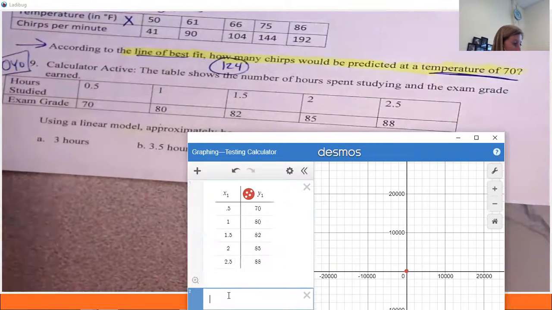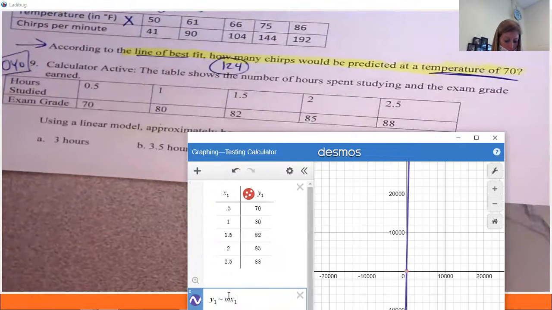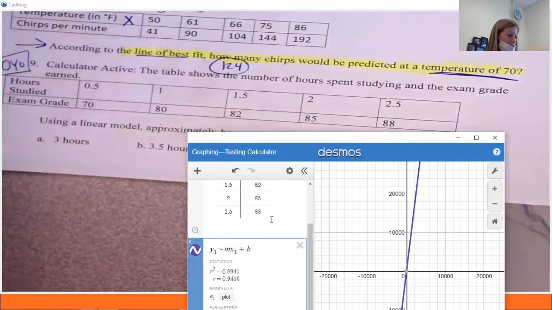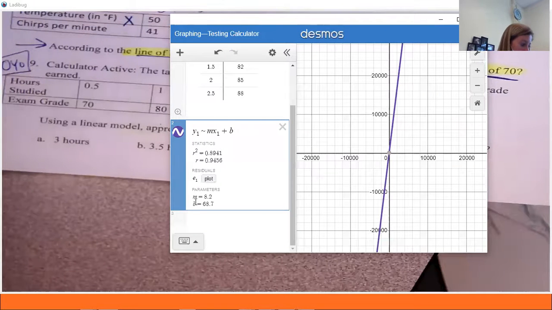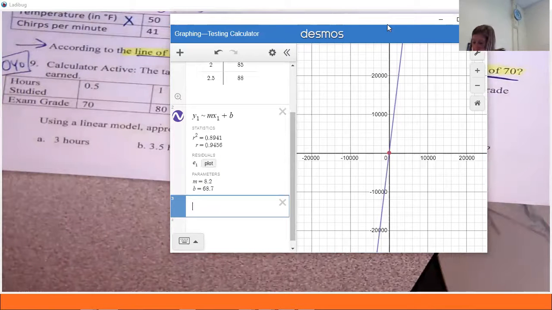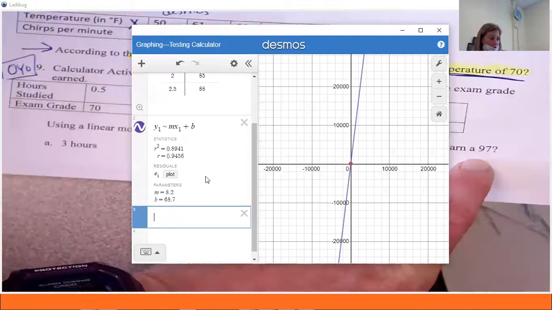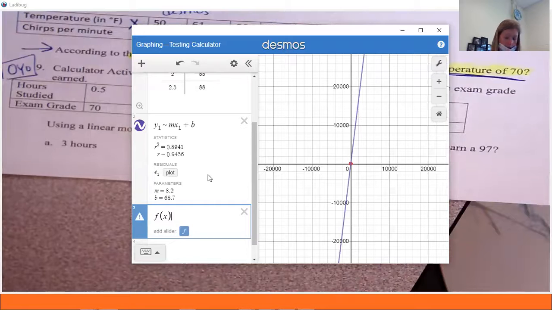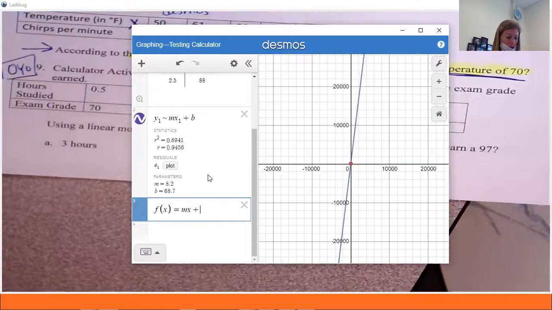I have to do the Y1 tilde MX1 plus B. That tells Desmos to find the slope and the Y-intercept. There's your slope and your Y-intercept. Then, because I want to know how many hours the student studies for a 97, that's why I have to do some extra steps. F of X equals MX plus B.